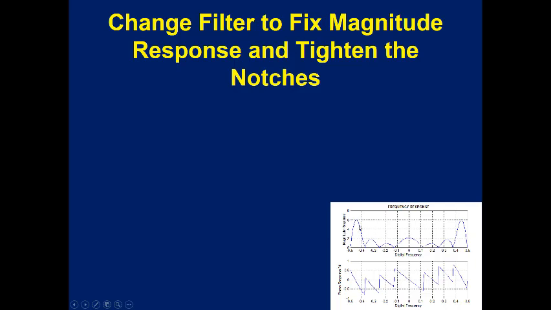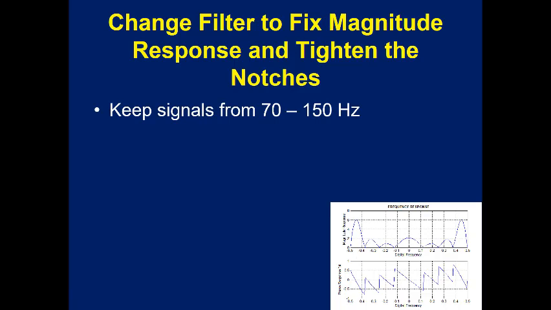Well, we still need to equalize these notch heights. We still want the notches there at the harmonics. We want the magnitude response kind of leveled off, and we probably need these notches to be narrower. And we just found out that the signals from 70 to 150 hertz have to be pretty much near a gain of 1 and unaffected.